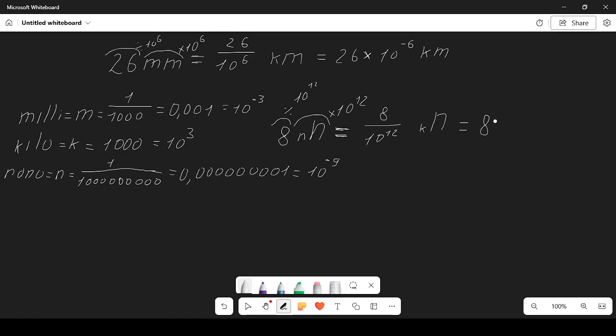It's 8 multiplied by 10, moving it from the down part to the up, and when we do this, we change the sign of the power to the opposite sign. So it's 10 power negative 12 kilonewtons. So 8 nanonewtons is 8 multiplied by 10 power negative 12 kilonewtons.